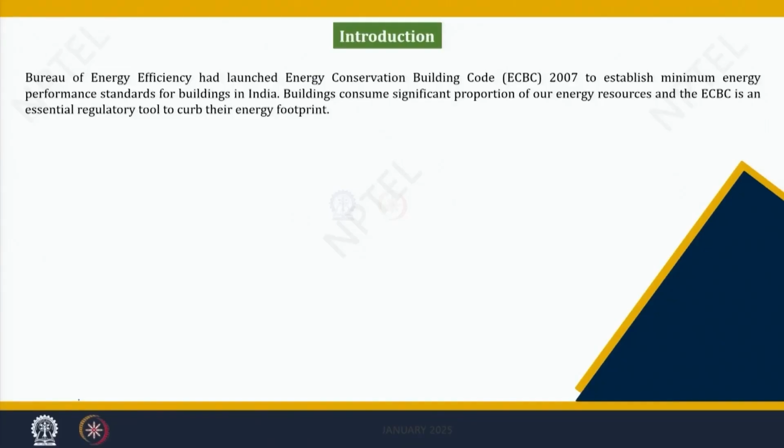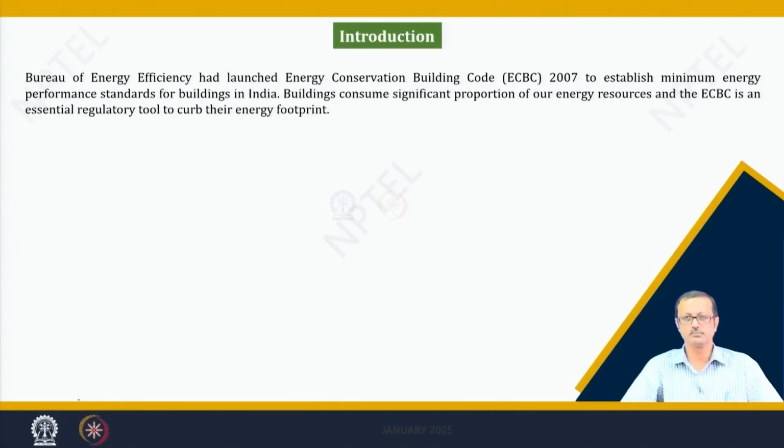This code, the Energy Conservation Building Code, was first established in 2007 to provide and establish the minimum standard for building performance from the energy point of view. From today's modern need of society, from the sustainability point of view, it is one of the important steps ahead.